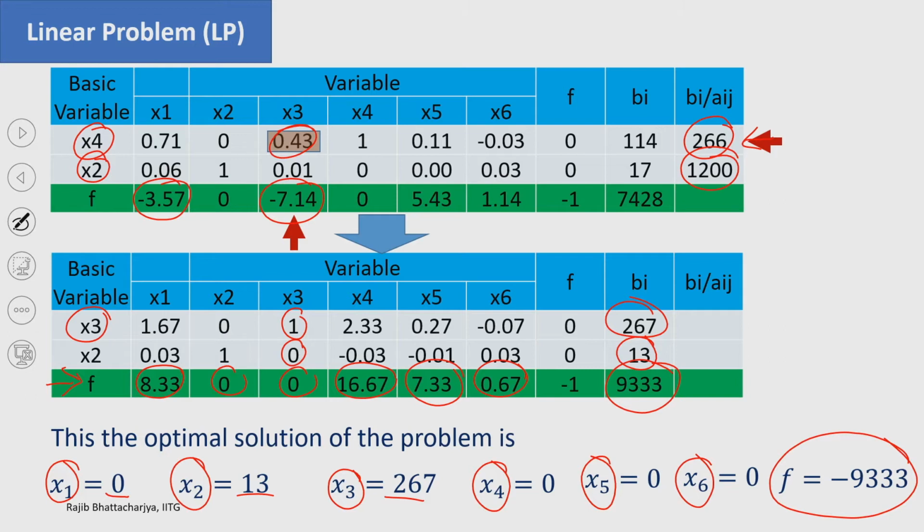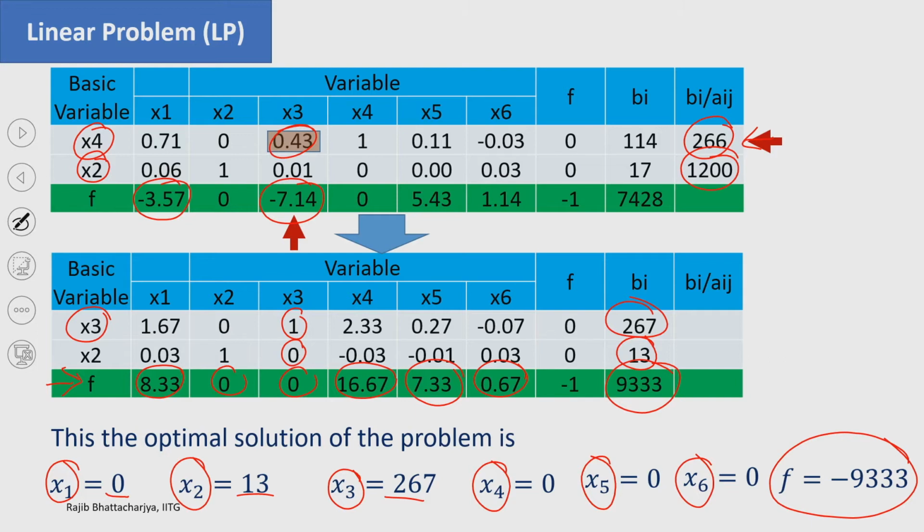Okay. So, the maximum benefit I can achieve is 9333, and x1 is 0 basically. So, I will not produce product A, I will produce only product B, that is x2.